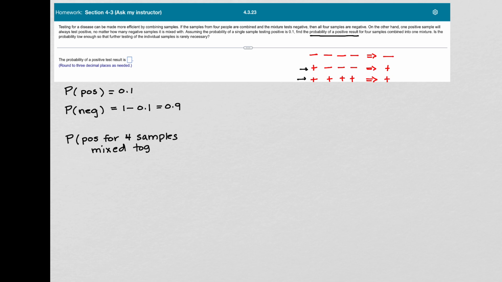So what is the probability of getting a positive result for 4 samples mixed together? And what we would be saying here is we're looking for the probability of at least one individual being positive.